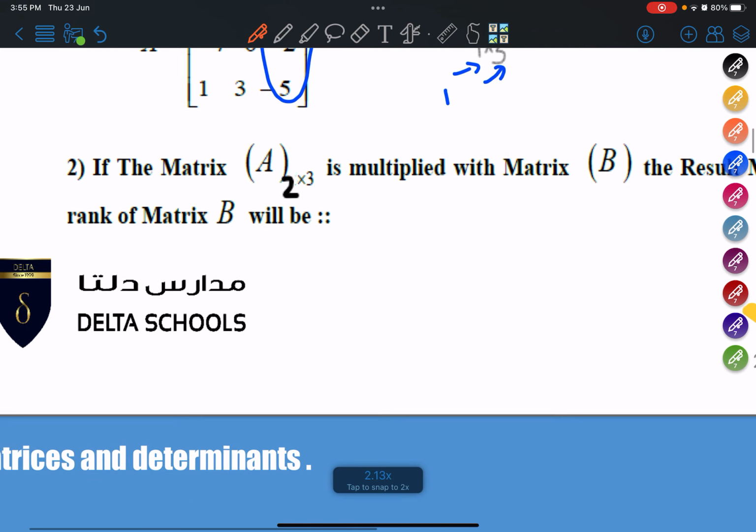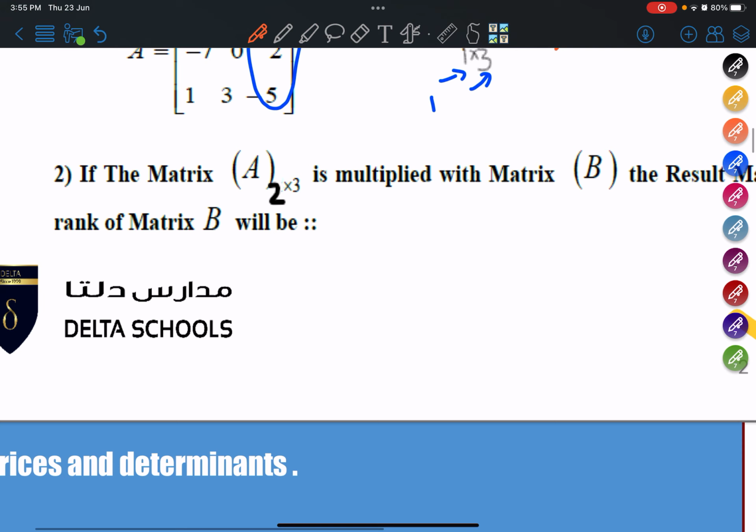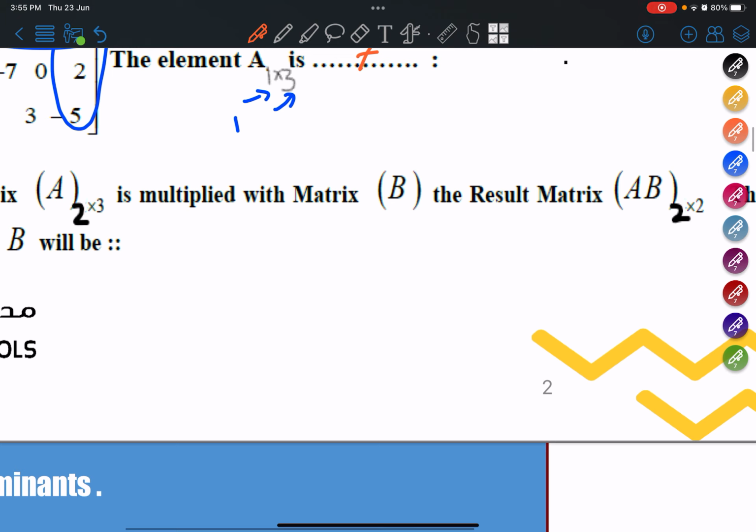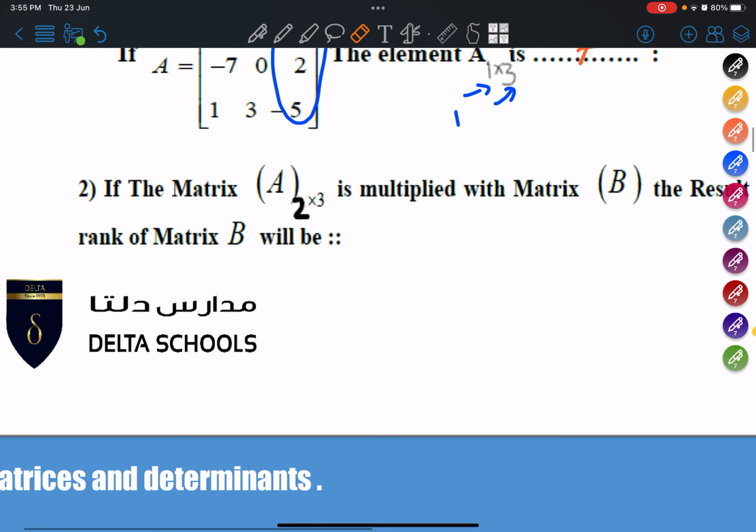Okay, so if the matrix A with the order 2 cross 3 is multiplied with matrix B, the resulting matrix is AB, their product, with the order 2 cross 2. The order of matrix B will be?